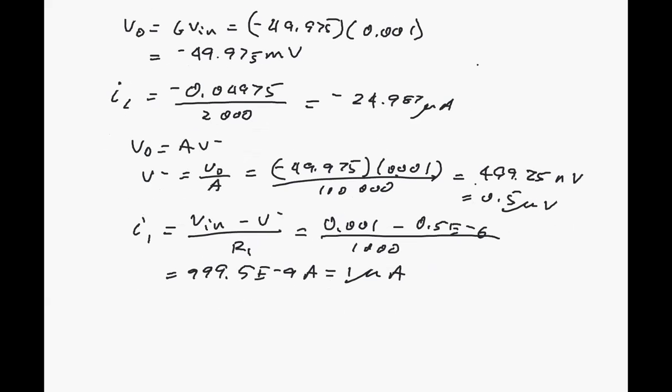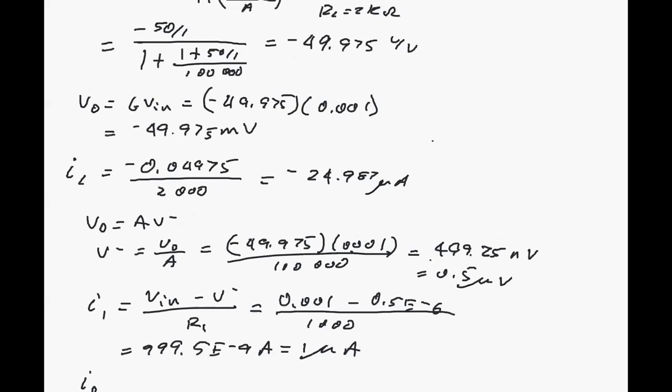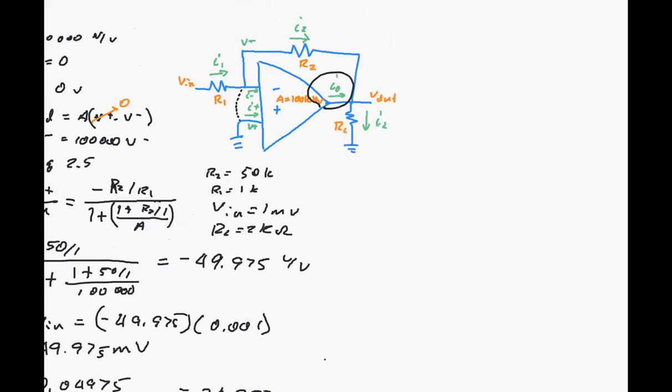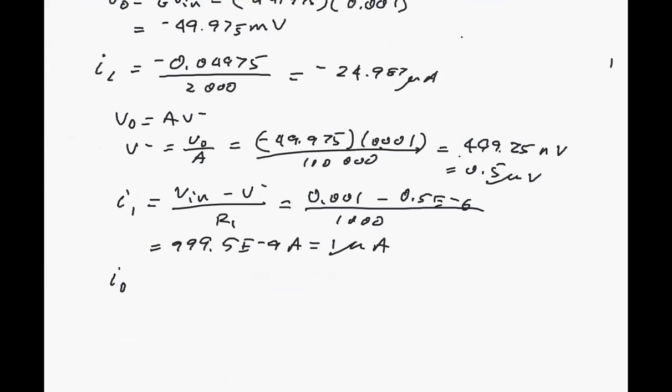And I out, that's the output of the op amp itself, right? That's not what's going into the load. It's not I2. This is what the op amp is actually needing to output. So we can find that. I out is IL minus I2 by KCL.